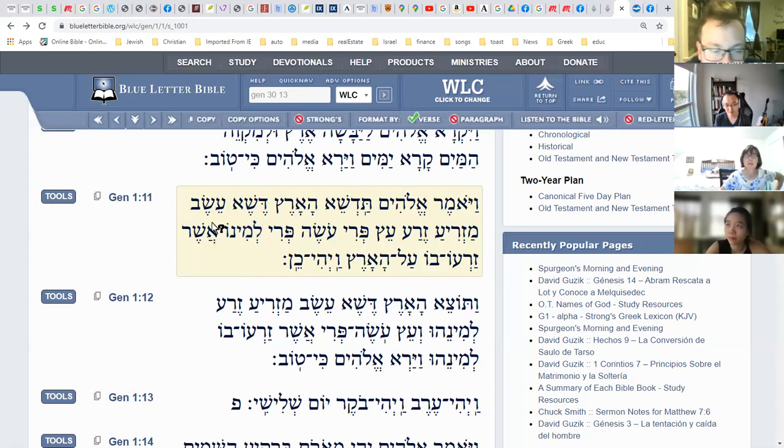Now, can you parse this? Do you see any prefix or suffix on it? With the yod in the middle, I'm guessing it's the mem, the nun, and the vav. I'm guessing that's the root.